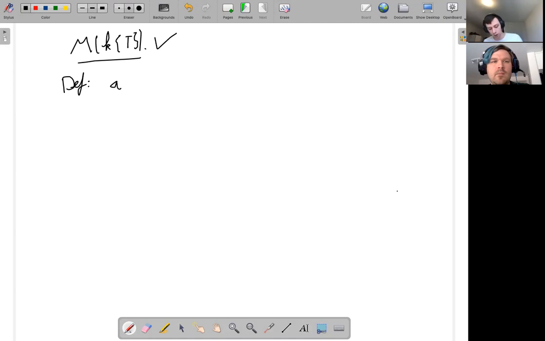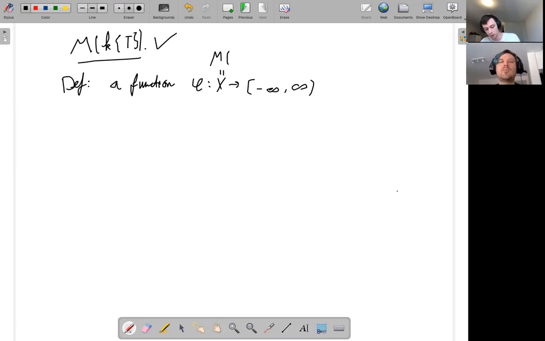Okay, so a function phi from X, which can take minus infinity as a value, but not plus infinity. From now on I will always use X to denote the Berkovich spectrum of this closed unit disk.